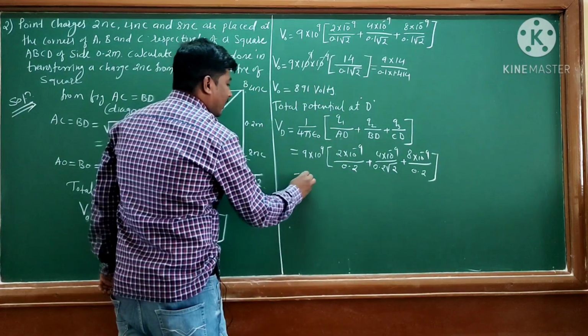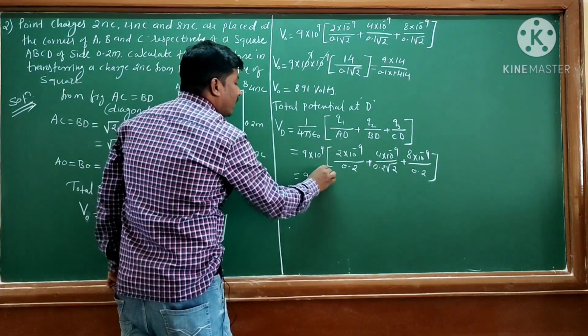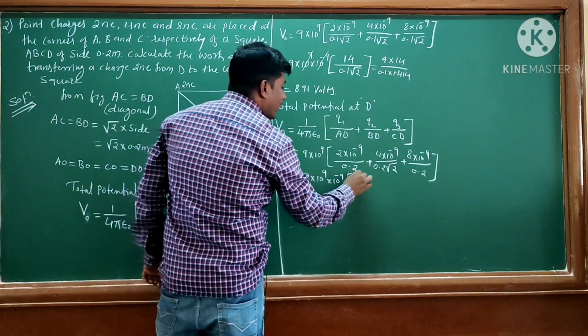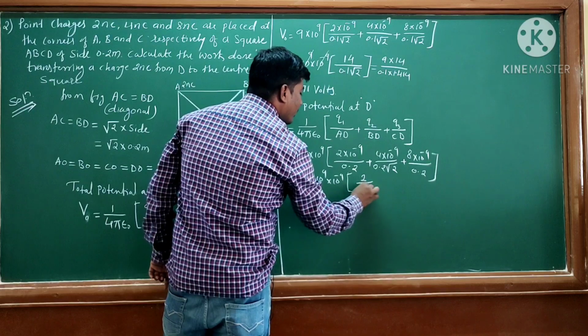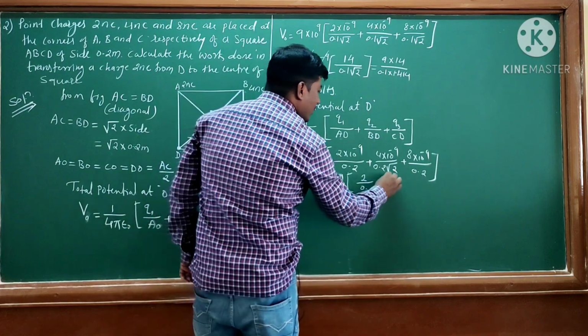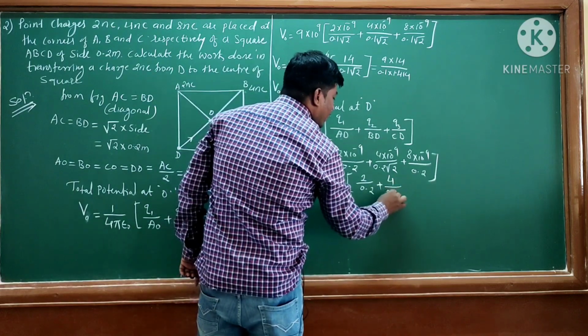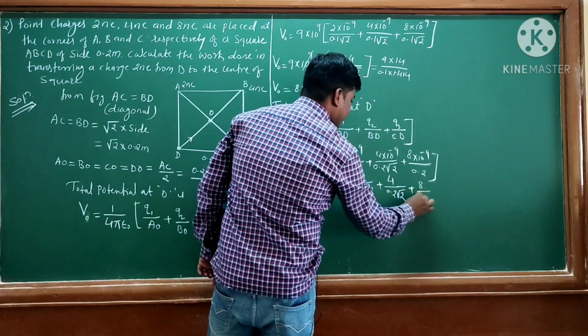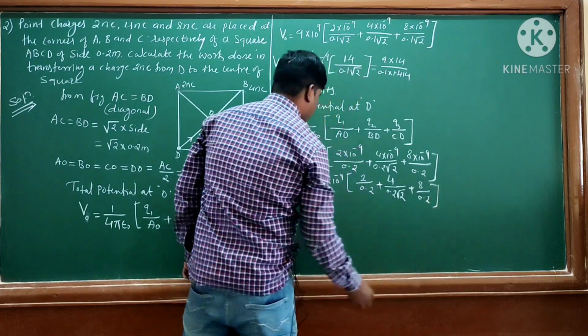Again, 9 into 10 to the power 9, and 10 to the power minus 9 is common, so take it outside. What remains inside is 2 divided by 0.2 plus 4 divided by 0.2 into root 2 plus 8 divided by 0.2.